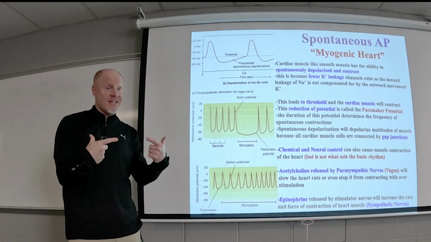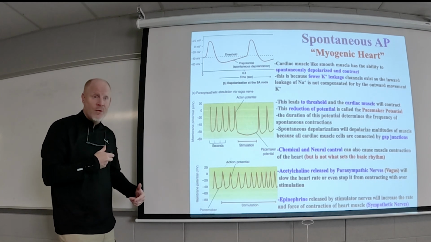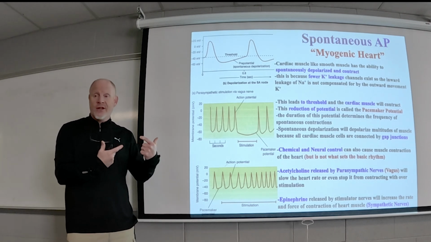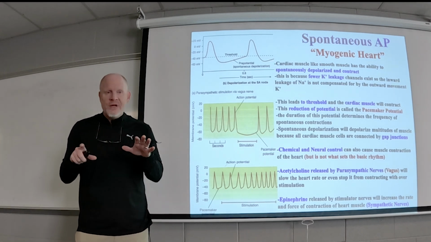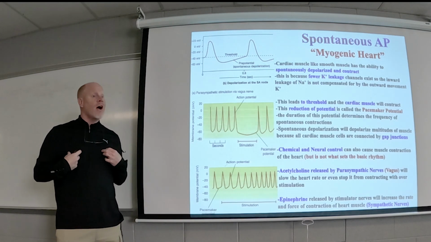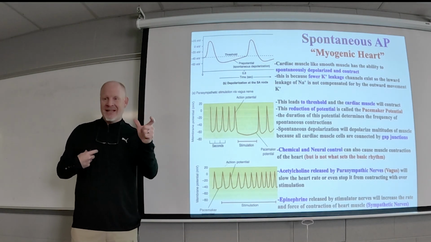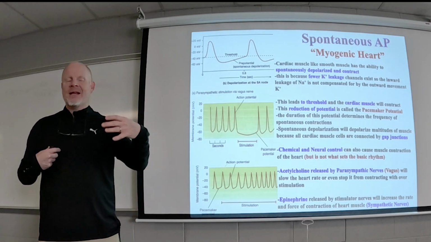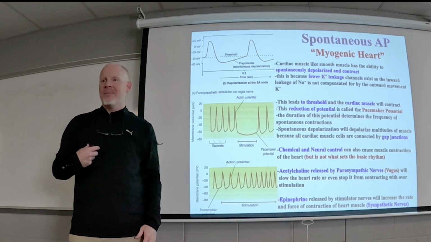So what the nervous system can do is change the slope, if you will, of this funny current and either slow or speed up heart rate. But the interesting thing is you don't need the nervous system to control basic heart rate. The heart controls itself, right? What the nervous system does is tweak. It comes in and tweaks things, right? So if your heart rate's too high, then your nervous system can come in and slow it down. If your heart rate's too slow, your nervous system can come in and speed it up, right?